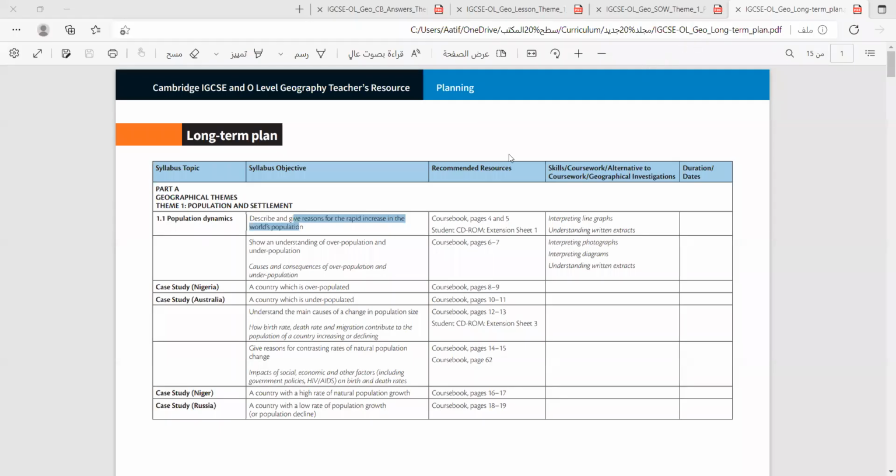So, continuing, by the end of this lesson, we are going to understand more about overpopulation and underpopulation. We know that some countries have an overpopulation, it's crowded, there's too many people. For example, like China, which has a significant amount of people, and other underpopulated countries, you can say Australia, okay?